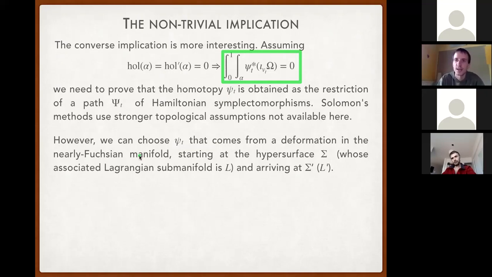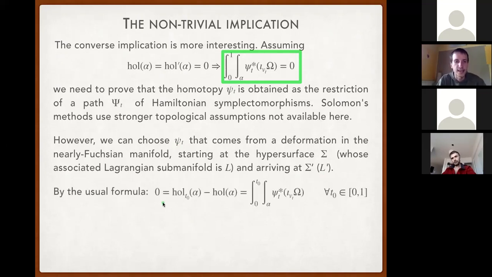We can choose it in a very smart way, and that is we go back to our nearly-Fuchsian manifold and we deform the hypersurfaces in the nearly-Fuchsian manifold. So we can take the deformation of hypersurfaces moving from sigma, which is the hypersurface whose associated Lagrangian submanifold is L, to sigma prime, for which we have L prime.